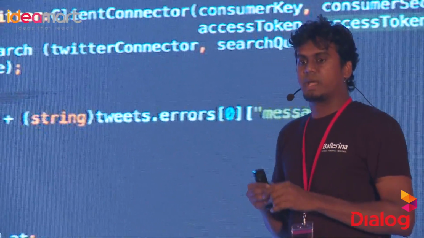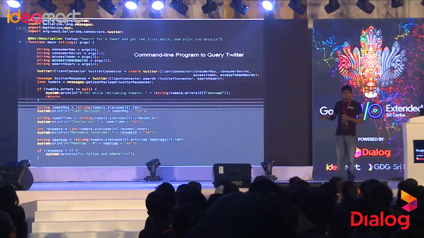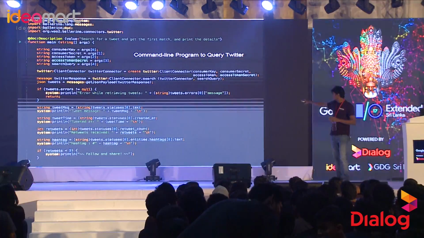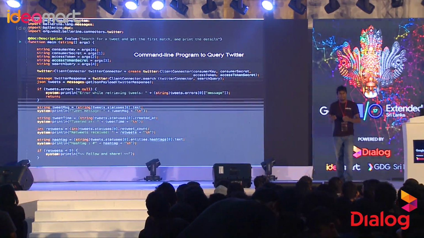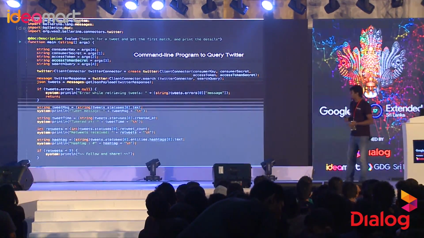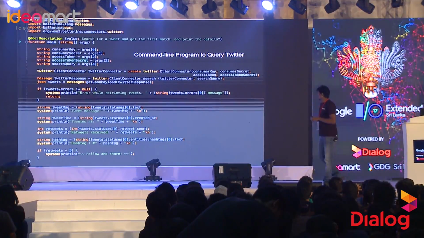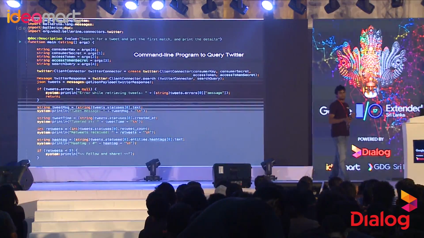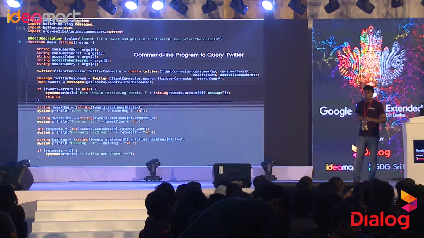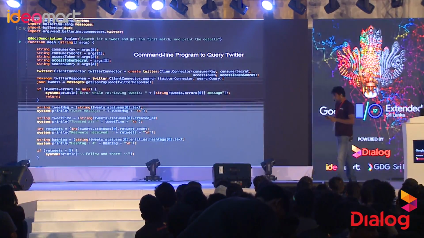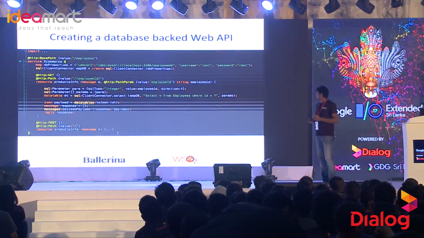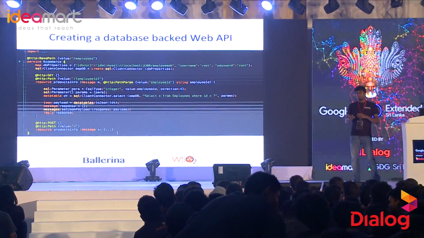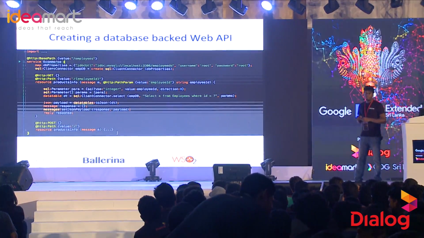And you can see tweets.status. So status is an array. You give the index, you get the 0th index, and then you print some properties. So this is a very basic program that we have written in Ballerina, which happens to be a command line application.